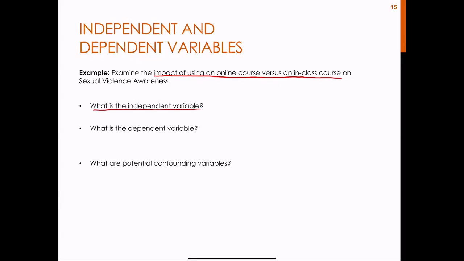Yep, in this case, the class format is our independent variable, right? The independent variable that a researcher would like to manipulate is the class format. So some students are assigned to online, and the other students are assigned to the in-class course.